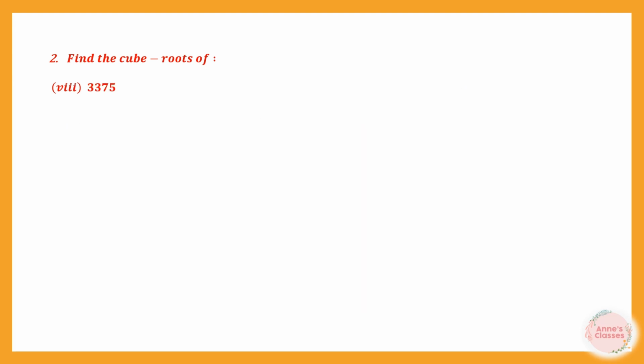Next one is 3375. Let's find the cube root of 3375. It's ending in 5, so we can use 5 here. 5 6s are 30. Now there is 3 left, 37. 5 7s are 35. There is 2 left, 25. 5 5s are 25. Again, it's ending in 5, so we can divide by 5 itself. 5 1s are 5.